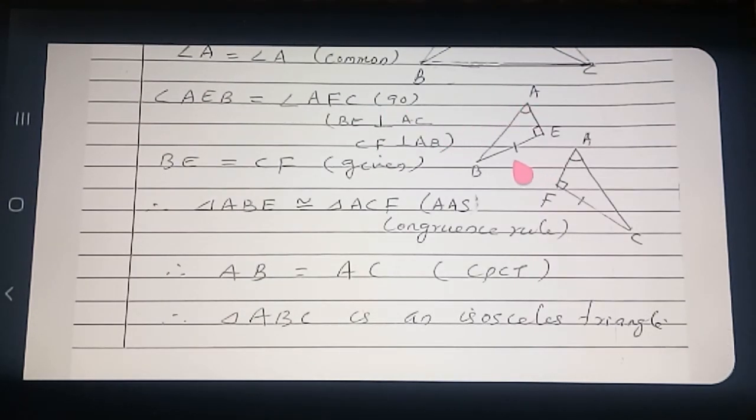Clear? Now what is your question? Prove that AB and AC are equal. Now in these two triangles, what about AB and AC? See, corresponding position is coming now. So you can write AB equal to AC, CPCT. Therefore what did you get? Triangle ABC is an isosceles triangle.